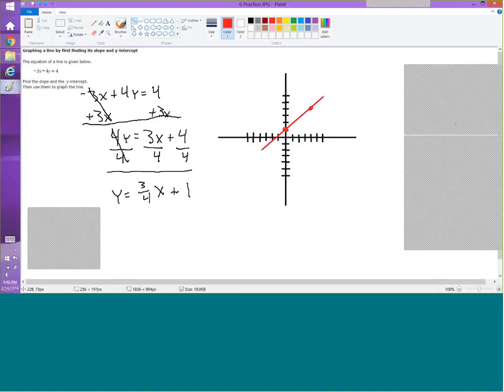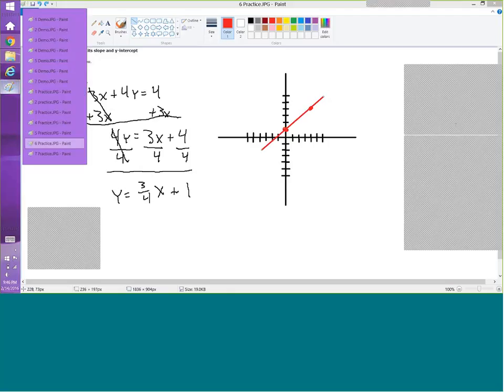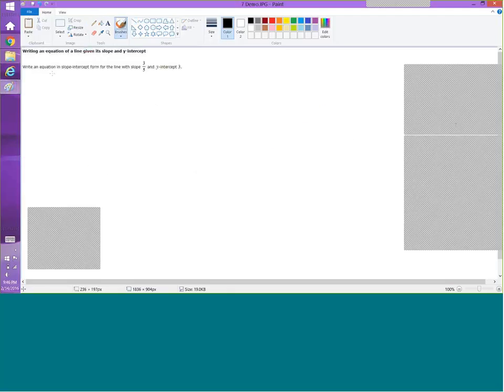We've got problem number 7 here. Writing an equation of a line given its slope and y-intercept. As long as they don't specify, and we're just writing our line in slope-intercept form, then life is a cakewalk right now because we've got y equals mx plus b.